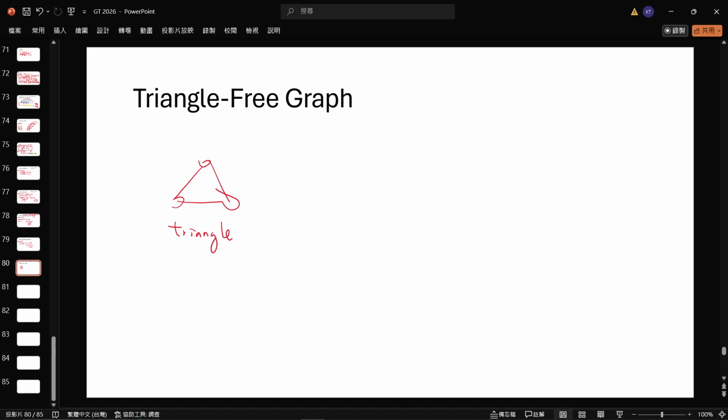Okay, and what is triangle free? Triangle free means that there's no triangle. So if a graph does not contain any triangle, then it is triangle free.